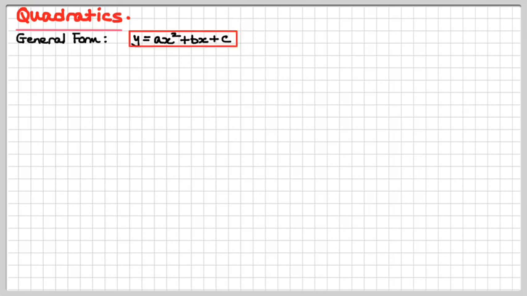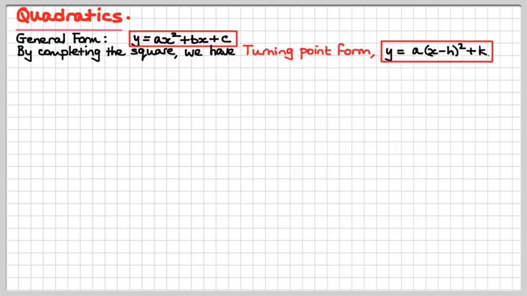The general form of a quadratic is y equals ax squared plus bx plus c, as you know. Now, by completing the square, as you also know, we have what's called turning point form: y equals a into (x minus h) all squared plus k.